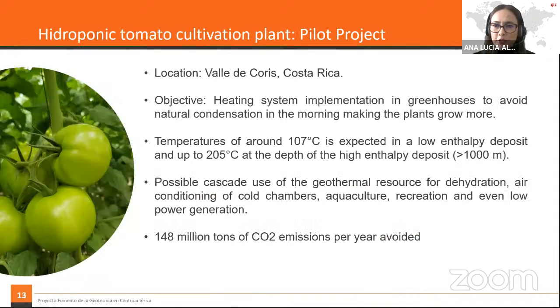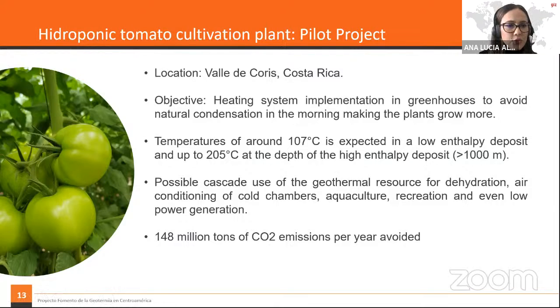One of the pilot projects that we did a feasibility study for during the first phase was one in Costa Rica. I just wanted to mention it a little bit. It is in Valle del Coris in Costa Rica. The main objective of this was a heating system for implementing a greenhouse to avoid natural condensation in the morning, making the plants grow more.